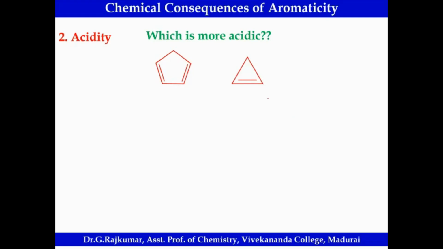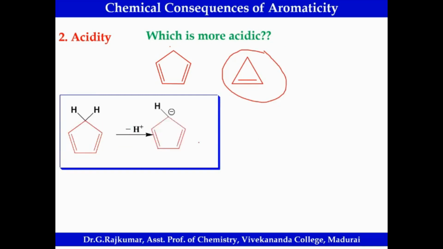Because if it donates a proton, it will become aromatic. Here there are two protons. If it donates a proton, it becomes cyclopentadienyl anion, which is aromatic. And this is cyclopropene. After losing its proton, it becomes cyclopropenyl anion, which is anti-aromatic.